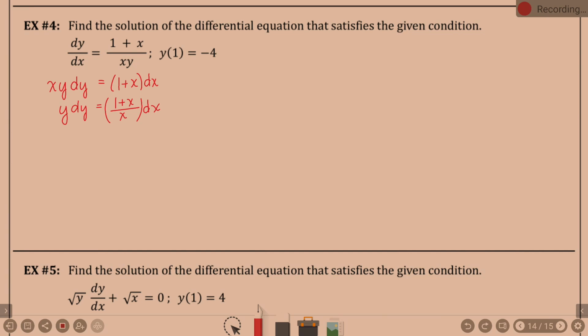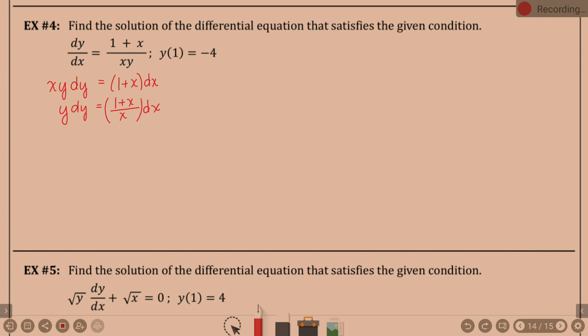Okay, before we integrate, or we can go ahead and say we're ready to integrate, but let's look ahead. The left integrates fine. The right doesn't. What do we want to think about on the right before we integrate? How can I rewrite that? 1 plus x times x to the negative 1?